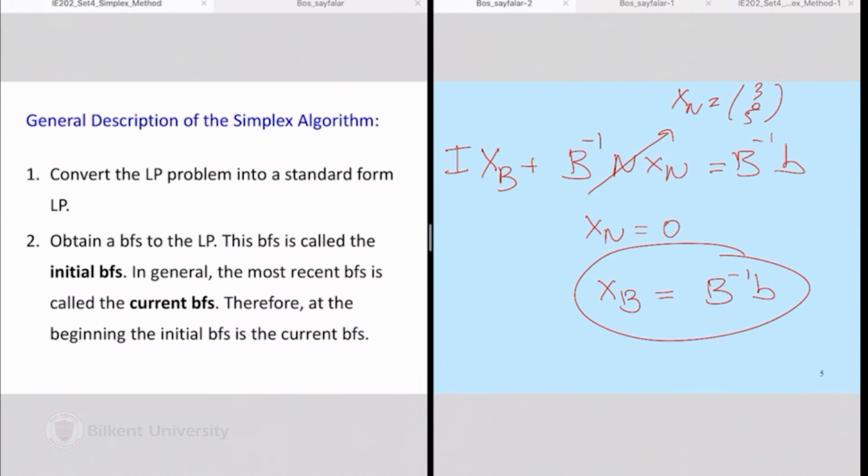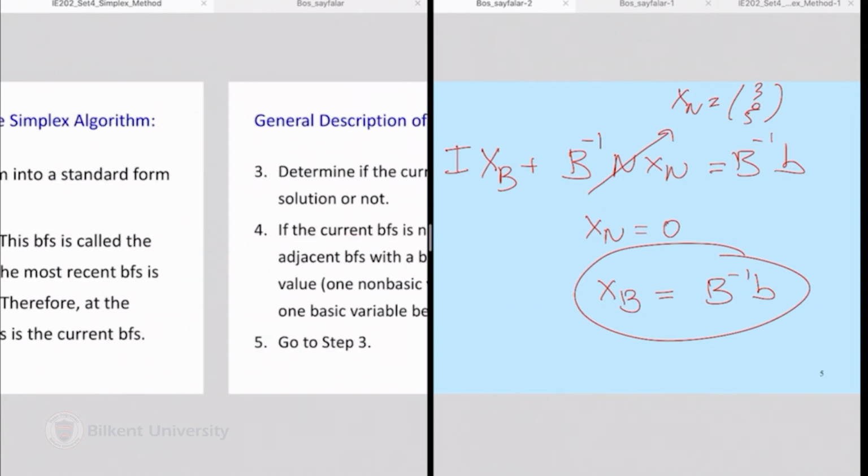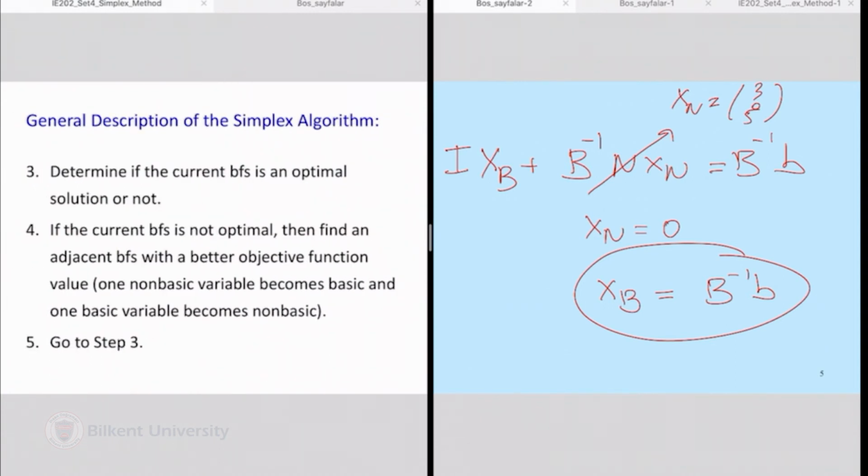Does there exist an exchange which will make my objective better? As long as there are such exchanges, I will keep doing them to get to a better corner point or basic feasible solution, until I can find none. That's my stopping criterion.